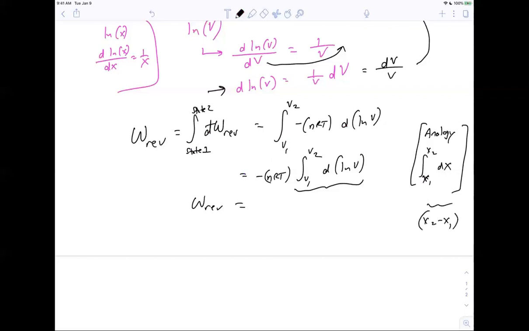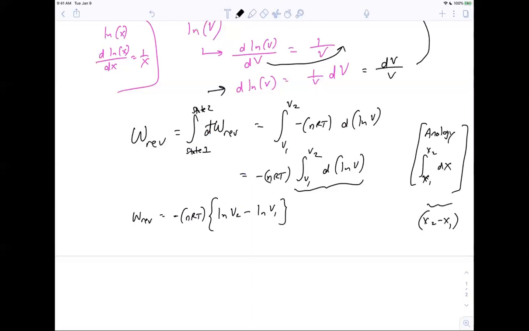So the integral of d log V is just going to be log of V evaluated at V2 minus log of V evaluated at V1. And what that gives us then is W reversible equal to minus nRT times natural log V2 minus natural log V1.